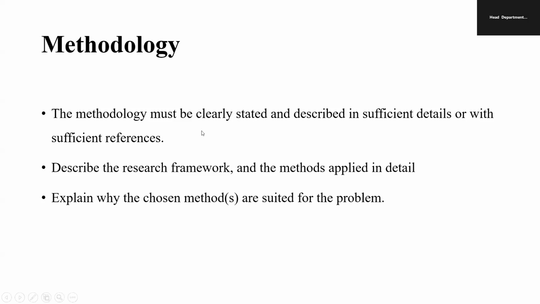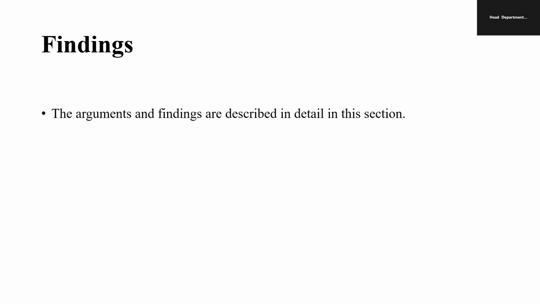Then again, let's look at what things we should include under the methodology section. First, we have to give a brief introduction, briefly describing the methods we use, our research philosophy, our research approach, then what kind of data we use.